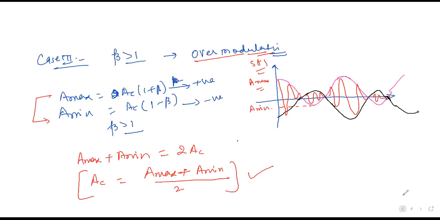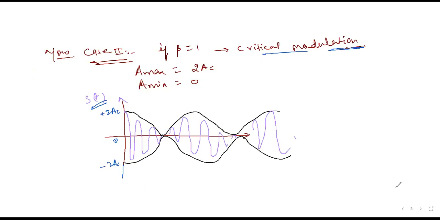The peak voltage of an AM signal varies from 2 volt to 10 volt.